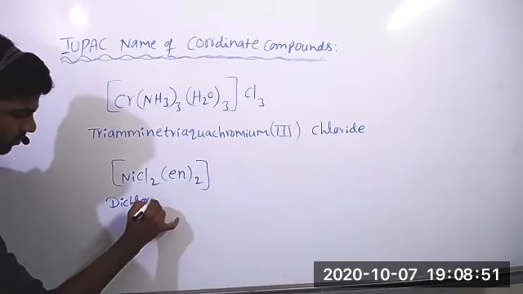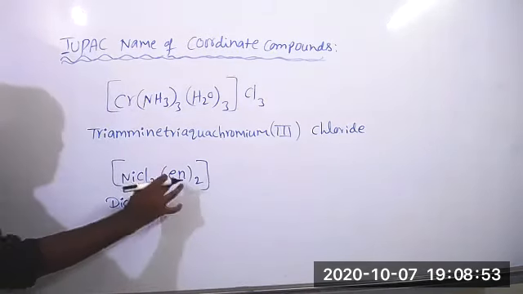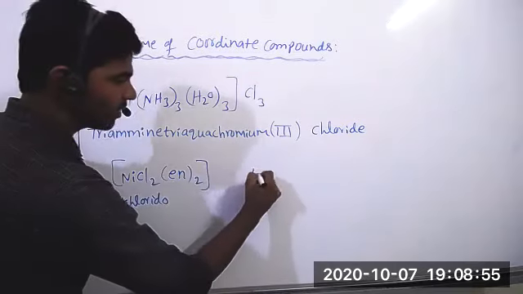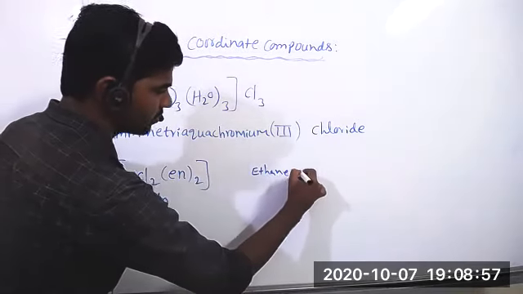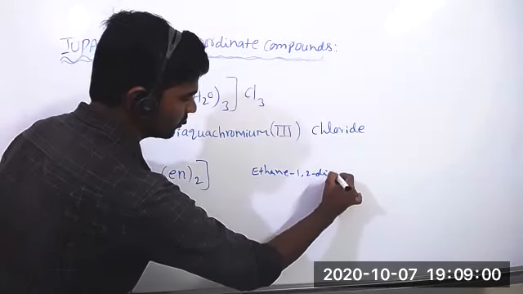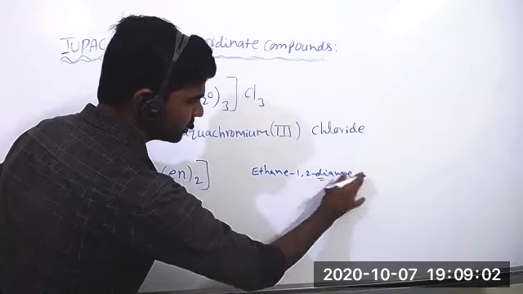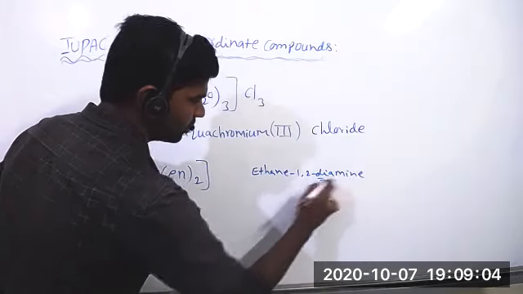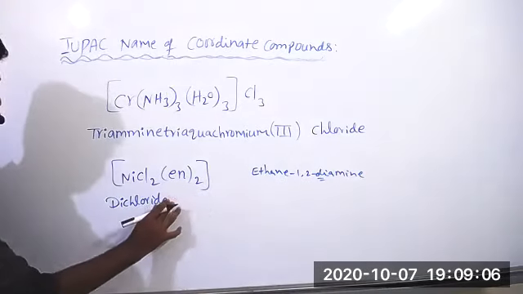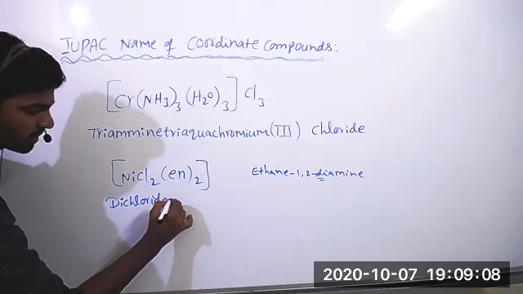Dichlorido, bis. Here be careful. Actually, en means ethane-1,2-diamine, and already here we used a numerical prefix, so don't use di again. Here use bis.